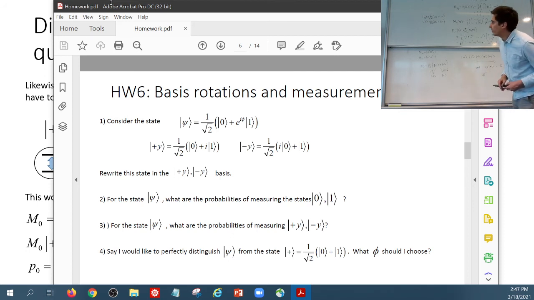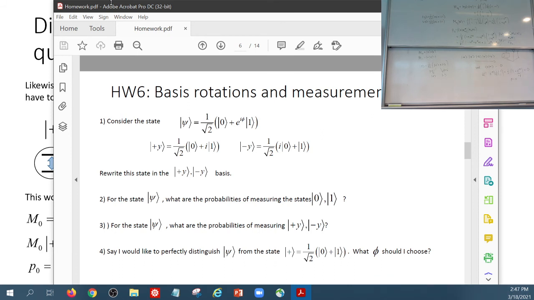So the conjugate vector, we need it to be e to the minus i phi, and plus is defined as this. So this is 1 plus e to the minus i phi. That needs to be 0, and so obviously this thing needs to be minus 1, and so you can just see from there that phi needs to be pi.